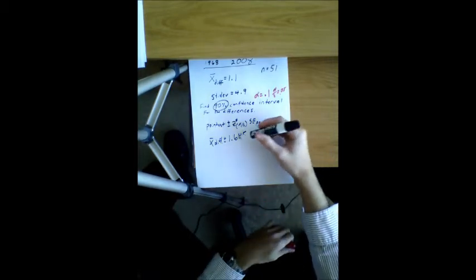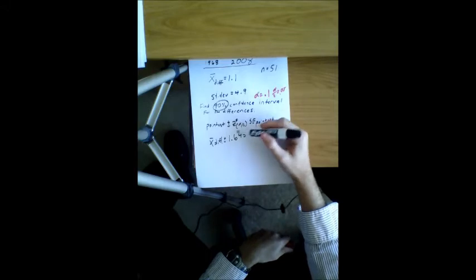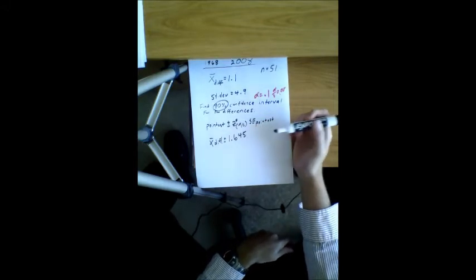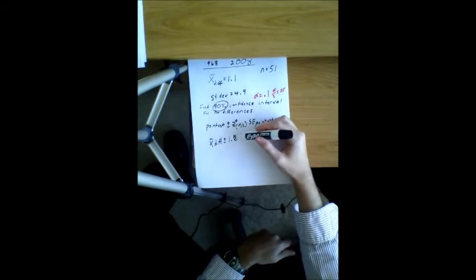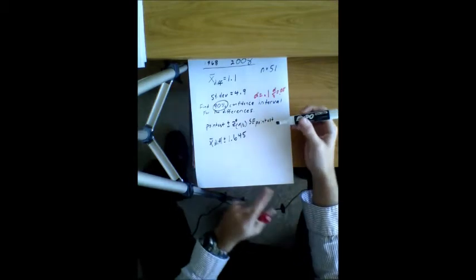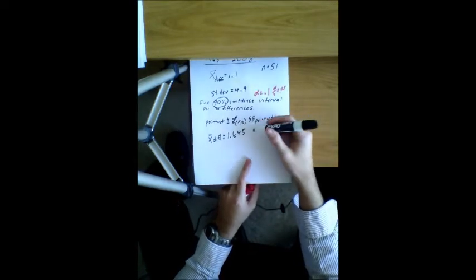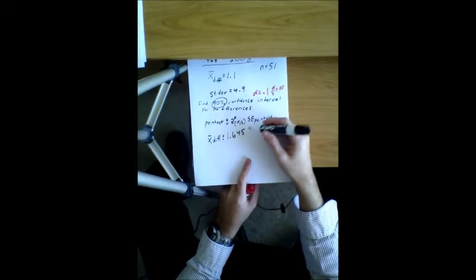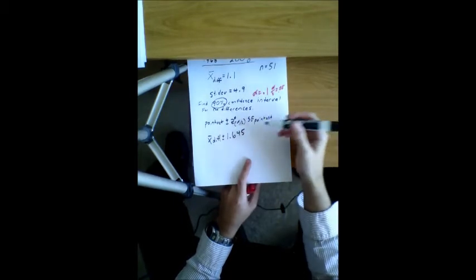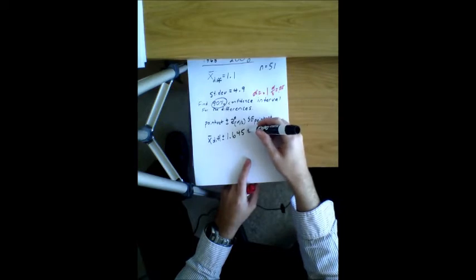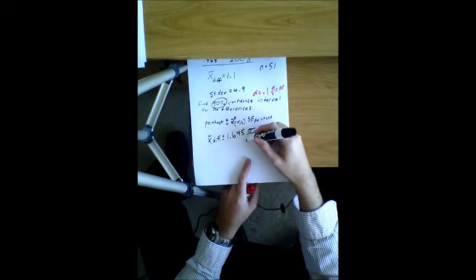It's halfway between 1.64 and 1.65. So we just use 1.645. The standard error here is just going to be, remember, for x bar diff, your standard deviation over the square root of n.